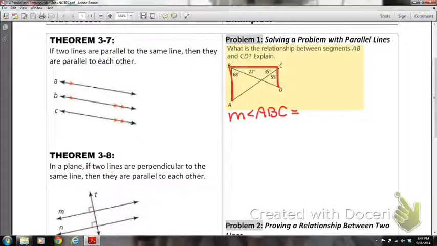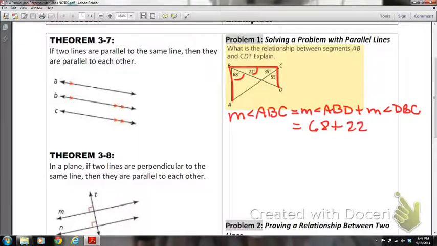By the angle addition postulate, it's going to be the measure of angle ABD, which is 68, plus the measure of angle DBC. We can substitute from the diagram, and we have 68 plus 22, which is equal to 90.